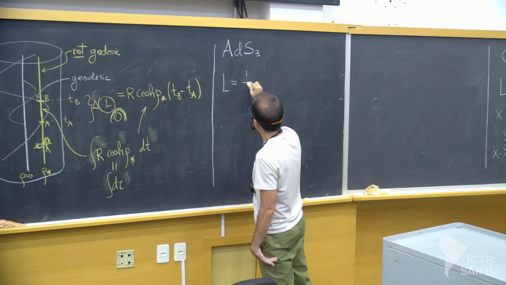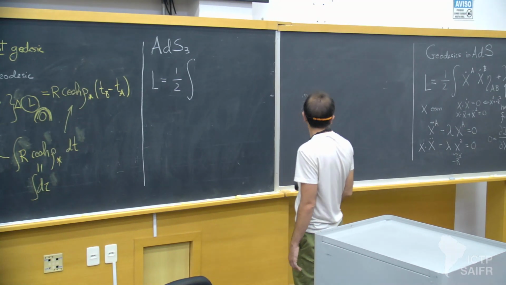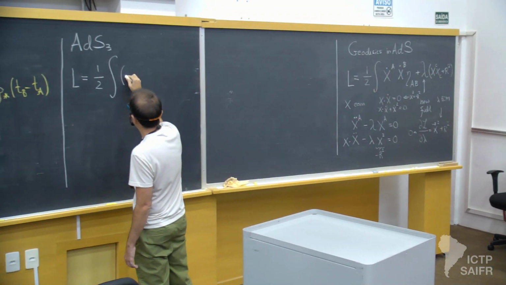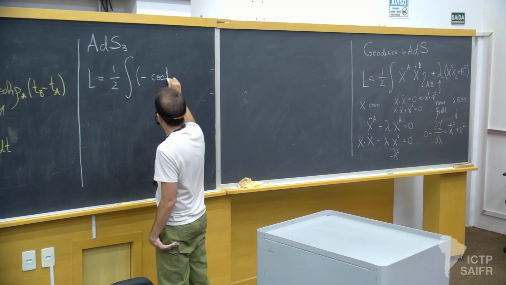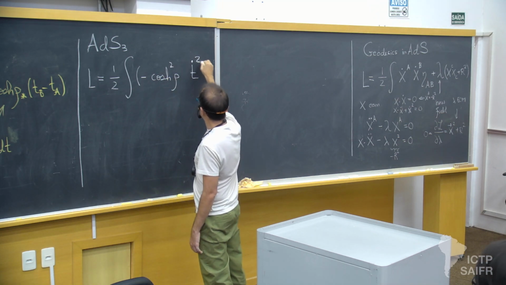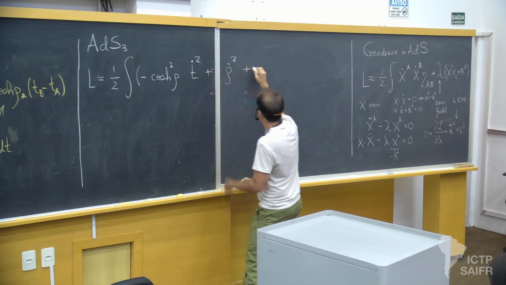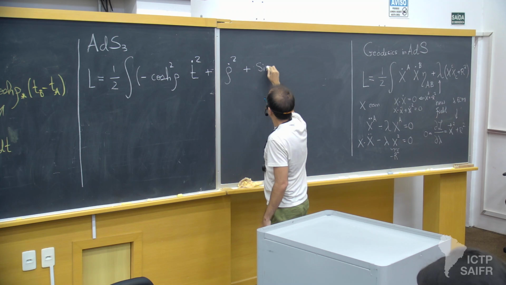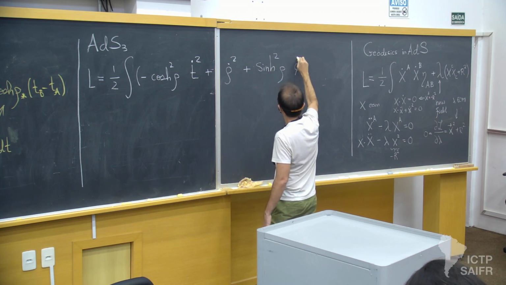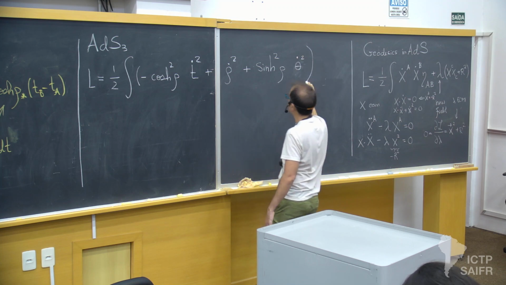The Lagrangian is 1/2 of the integral, and then I just write the metric. So the metric is just minus cosh square of rho times t dot square plus rho dot square plus sinh square of rho times some angle, I called it theta there, theta dot square.